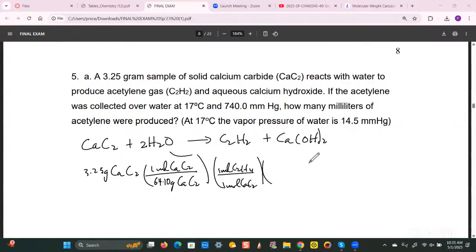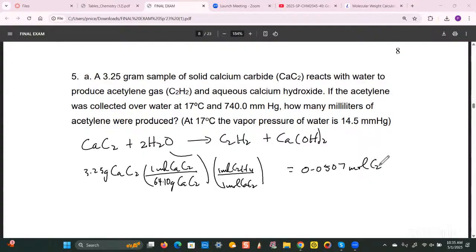That's it, as far as the setup is concerned. So let me erase this and do this calculation. 3.25 divided by 64.10 and multiply by 1. According to my calculation, this works out to be 0.0507. And this would be moles of calcium carbide, right?